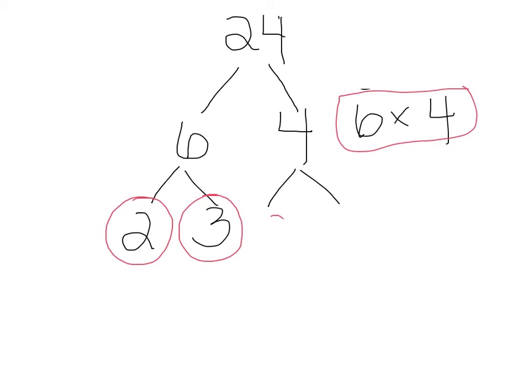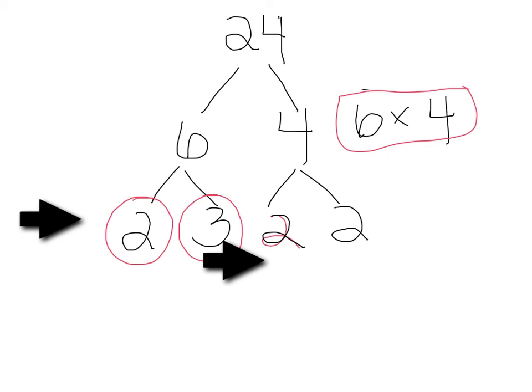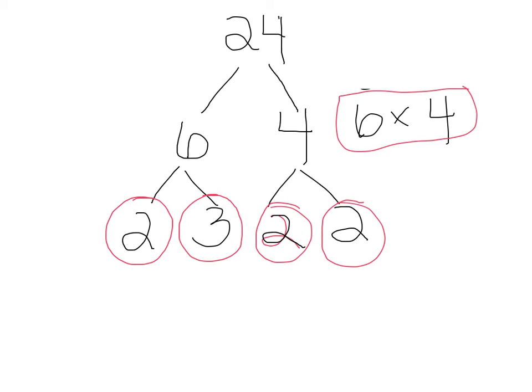I know I can do 2 times 2. And since the 2 over here is a prime number, this 2 over here has to be a prime number too. And so since they're prime numbers, I'm going to circle them, and it stops the branches from growing. Since I have no more numbers to keep going, that's my final product.